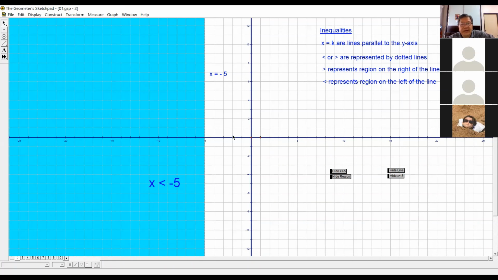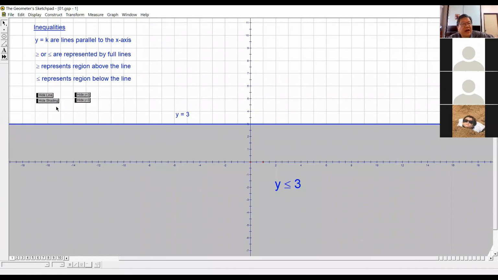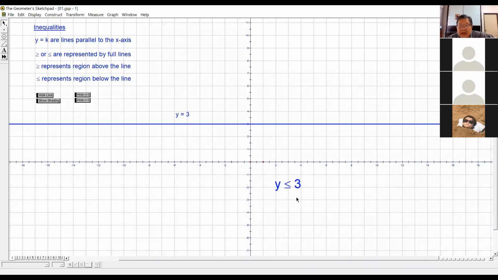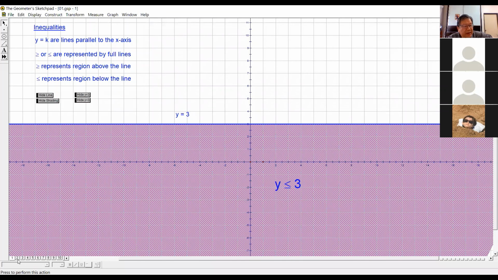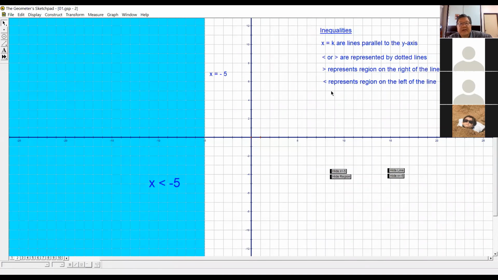Another thing to point out is that because there is no equal sign here, the line must be a dotted or dashed line. If there is an equal sign, the boundary is a full line, no dashes. In the second case, because there is no equal sign, the boundary has to be a dashed line.